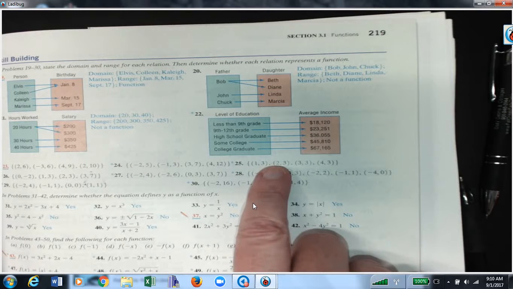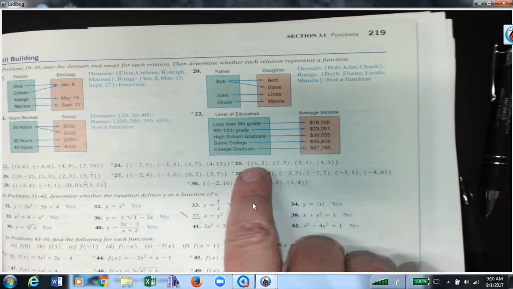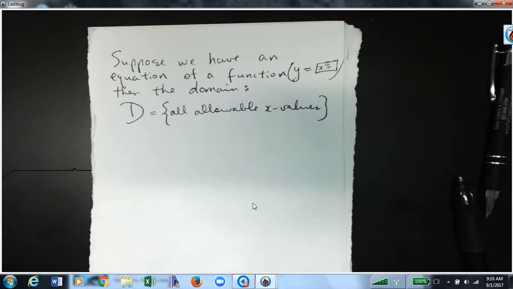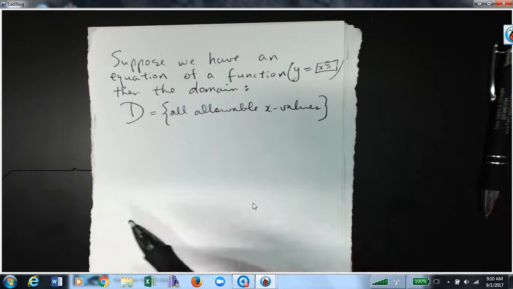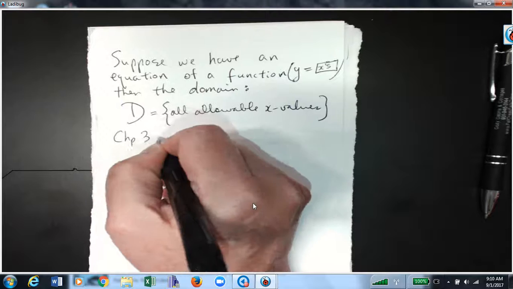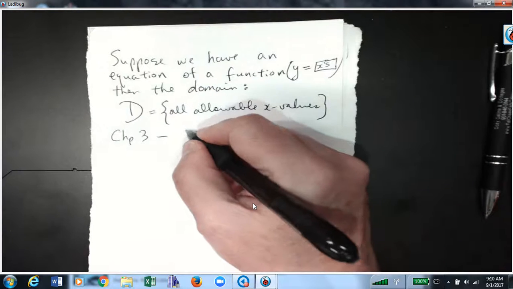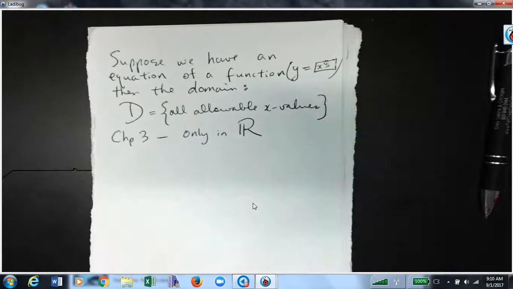The allowable x values in this form would be your first entries, and of course, you want to write that without any repetition. So that definition would suffice even for the previous manifestations of functions that we've had. Also in chapter 3, we are only considering the real numbers. So we're only in the real number system. That big fancy R means the set of all real numbers.